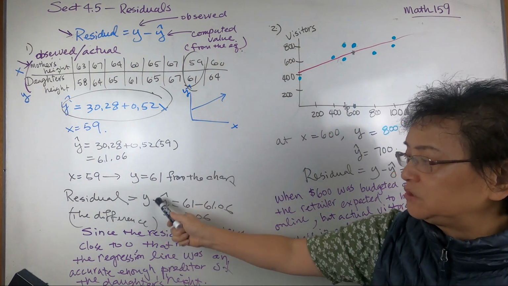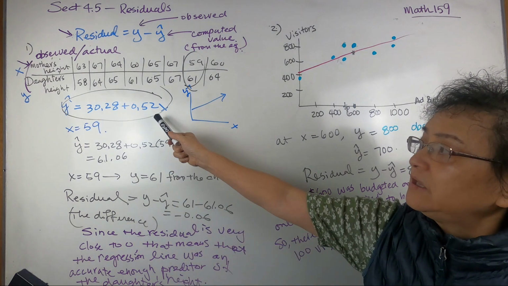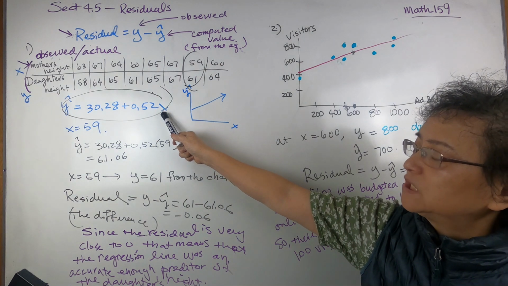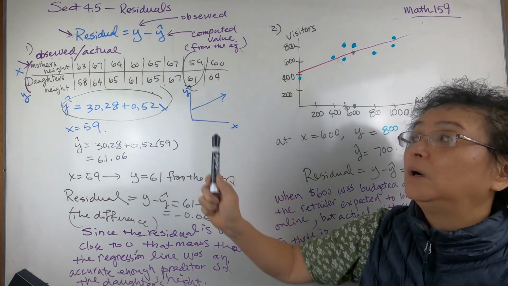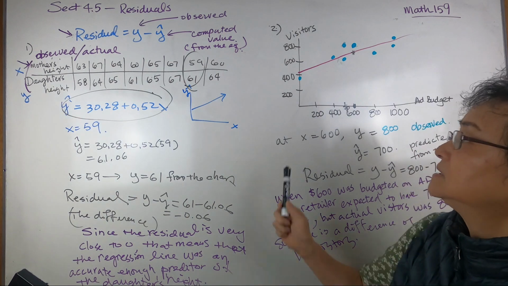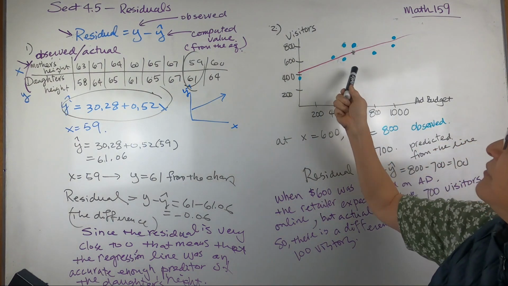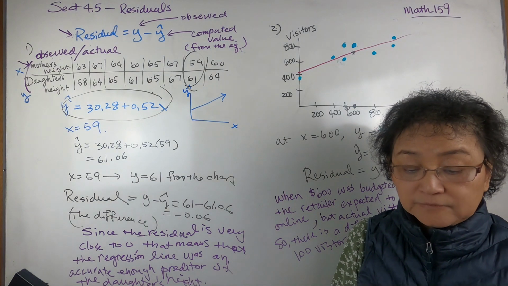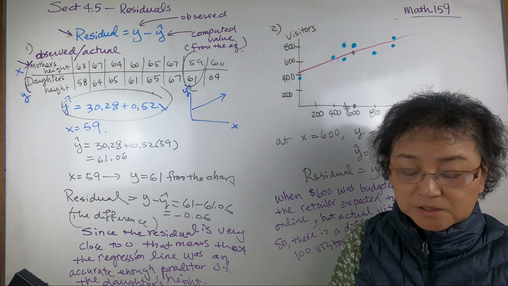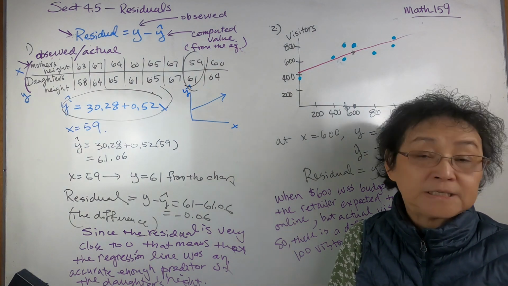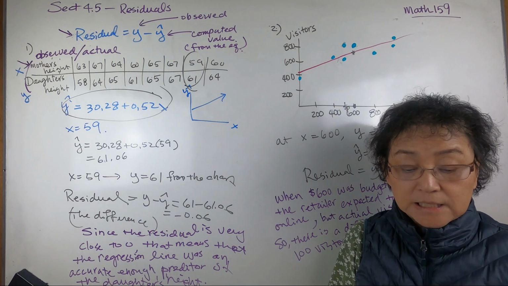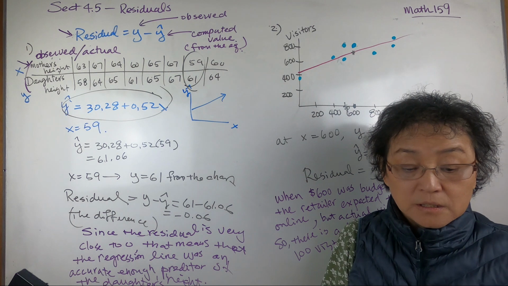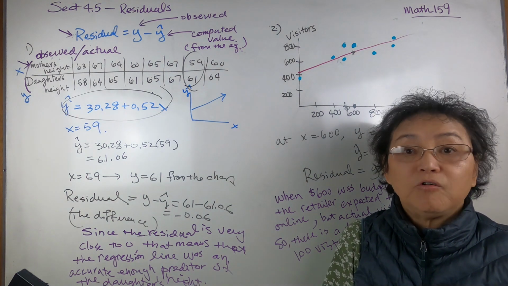Sometimes we use the residuals to decide if the formula for the prediction line is good enough or not. Sometimes you have the line, and then you find out the actual difference from the regression line you expected. That's how we use the residuals. So that would be your section 4.5.